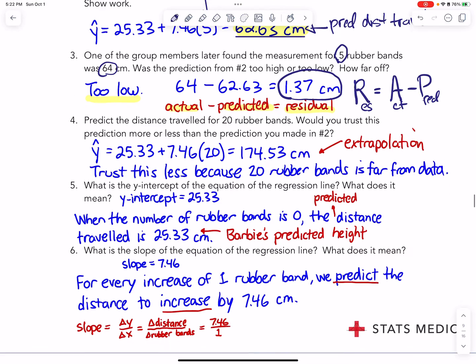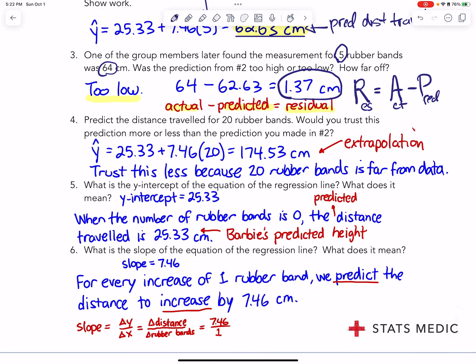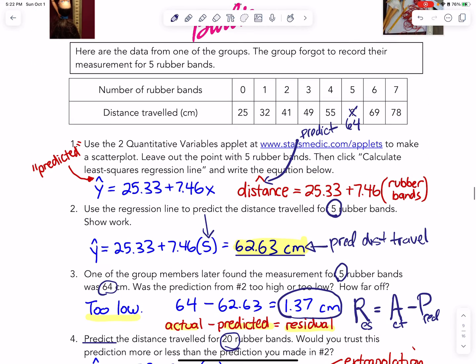Now the prediction of the distance traveled for 20 rubber bands, we're going to predict that. And would you trust this prediction? If I put 20 in, I get 174.3, but I only have data between 0 and 7. This is my domain. Do you guys remember domain and range?